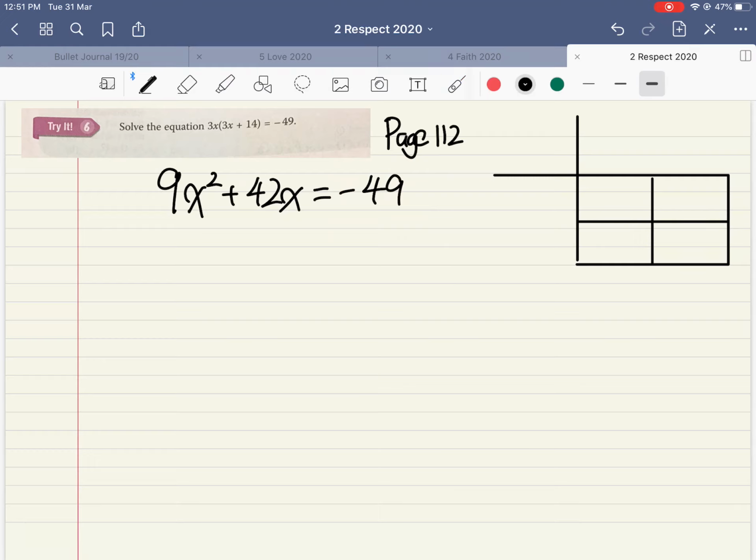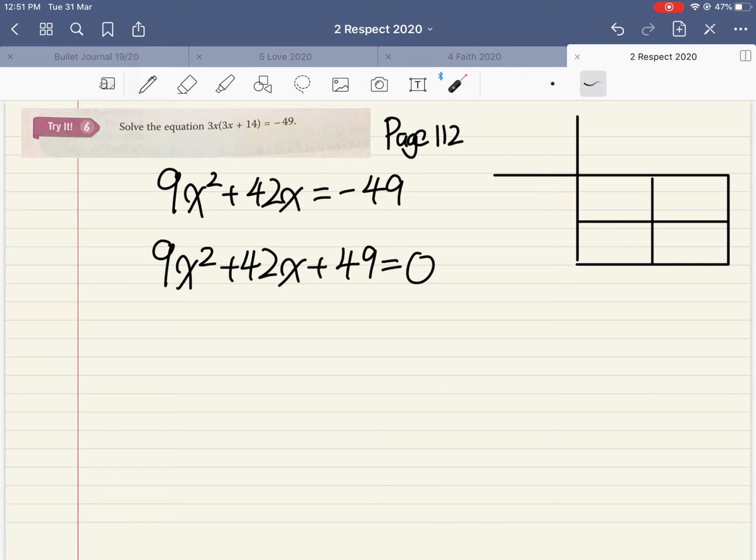Notice that our aim is to get the right hand side to be equal to 0. So what I'll do now is to rearrange my equation such that 9x squared plus 42x plus 49 equals 0. This form is something familiar to all of you, and now we can start to do the factorization.